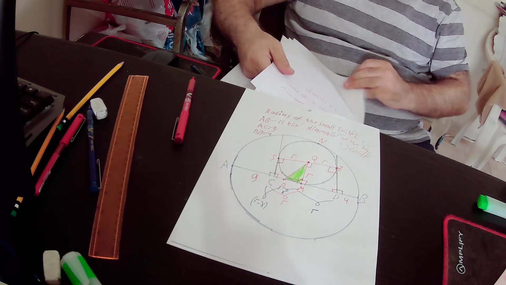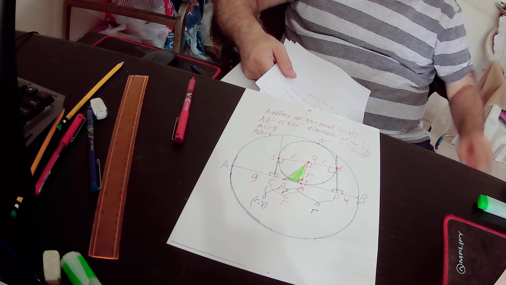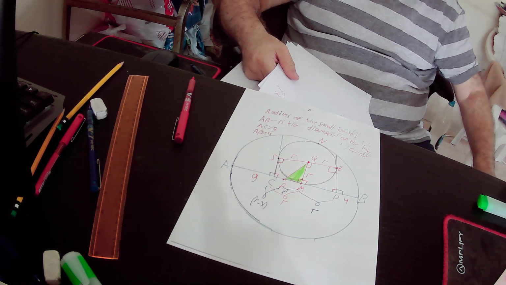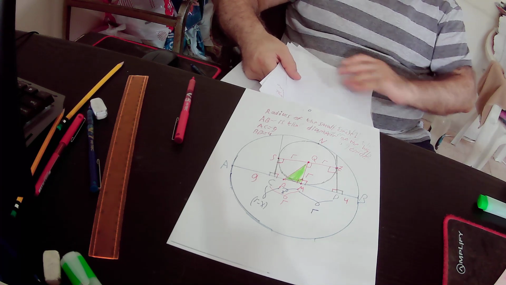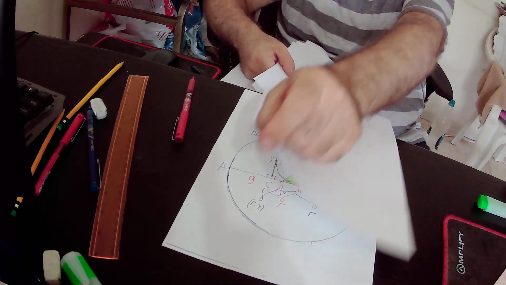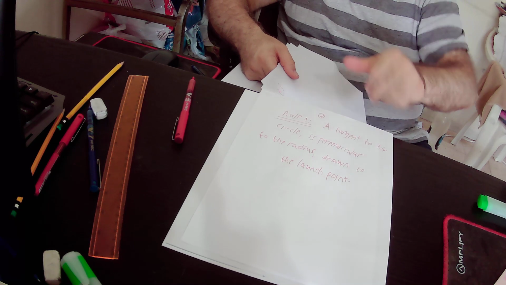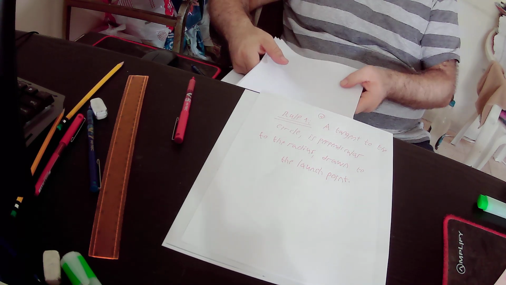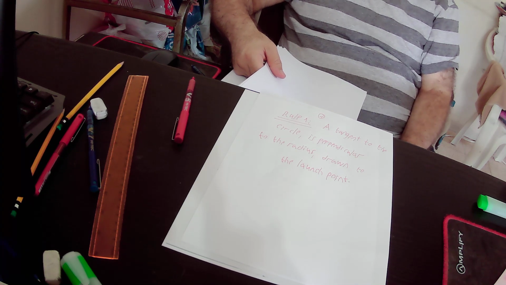Okay, and actually we have rule number 1 that states that a tangent to the circle is perpendicular to the radius drawn to the launch point.